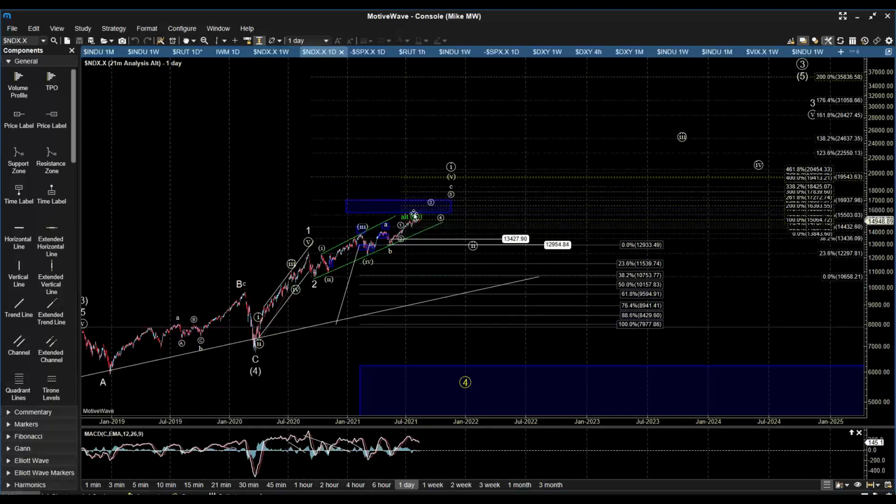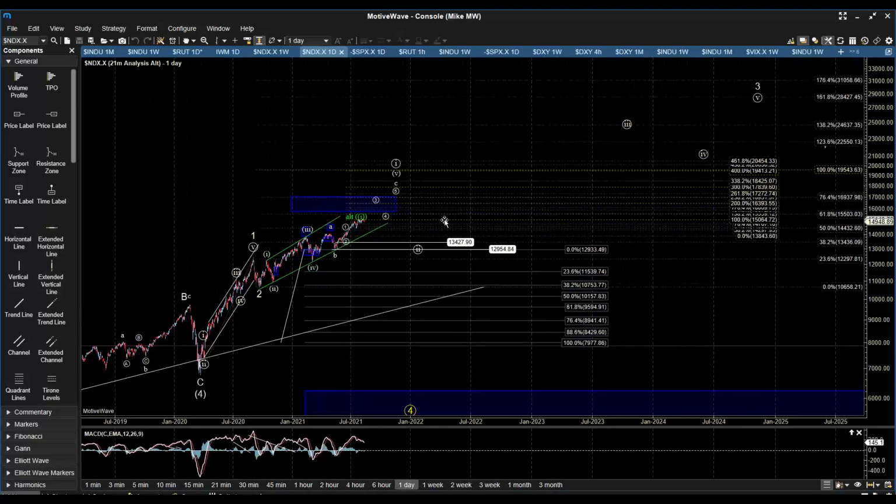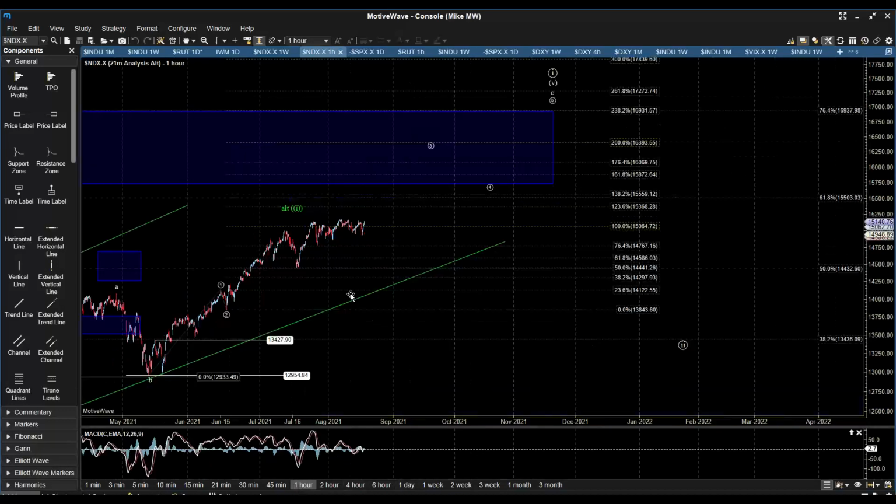So what I've got is a 1-2, and then 1, 2, 3, 4, 5. Then I'd be looking for A, B, C for a wave 2, back down towards 12,000-ish before seeing a much stronger and sustained wave 3 of 3 up to the upside here. But I would prefer to see a push higher before topping that wave 1. But I can make the case that we have enough waves in place for the green count.